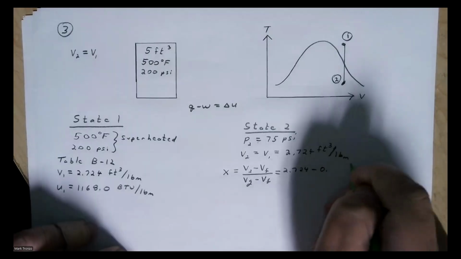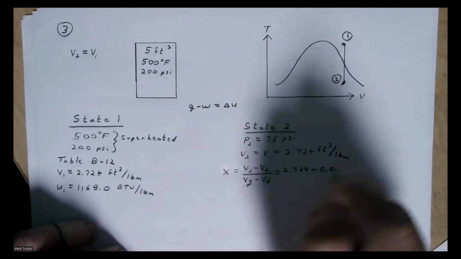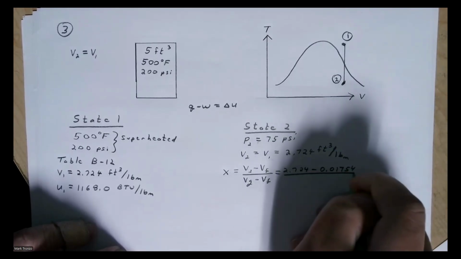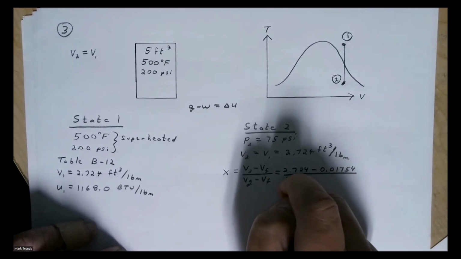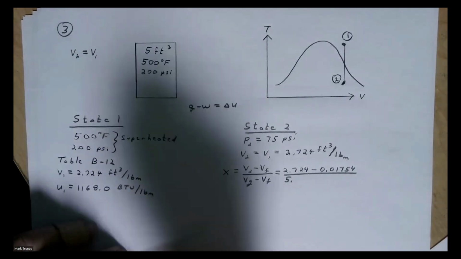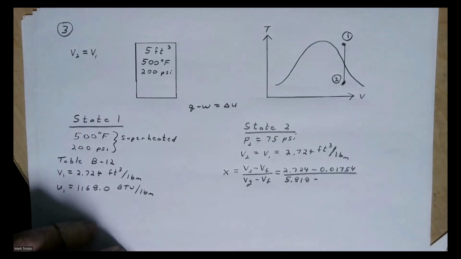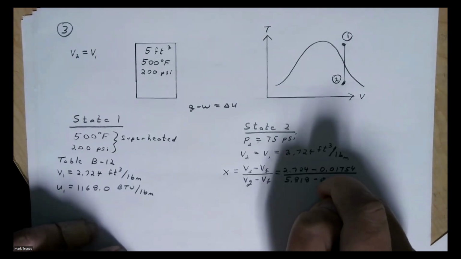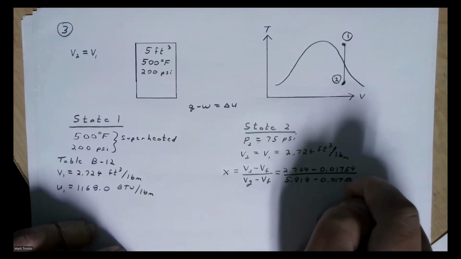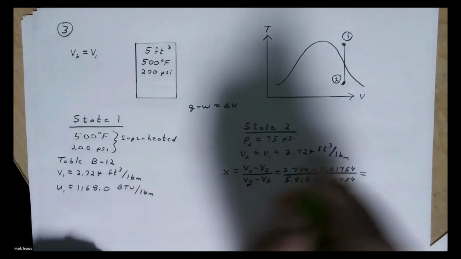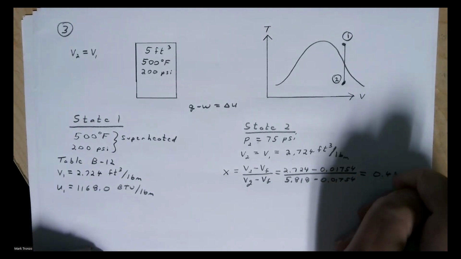But if one term has a different unit than the other, always write them down and be sure that things are canceling out properly. When you put that in your calculator, you get 0.467.